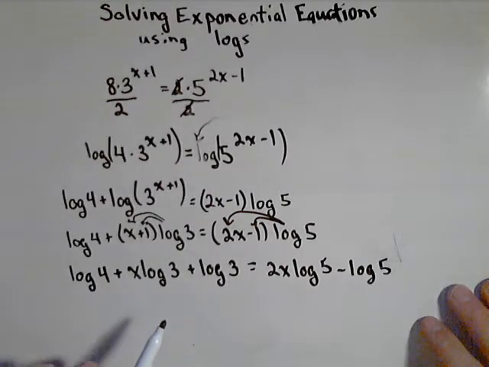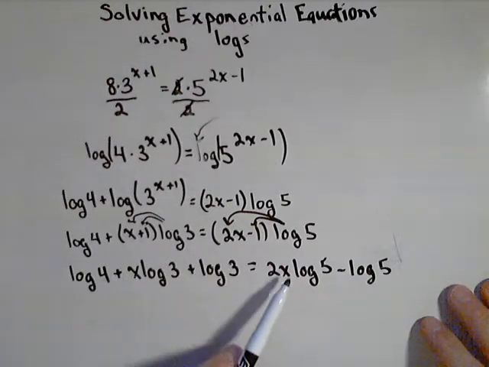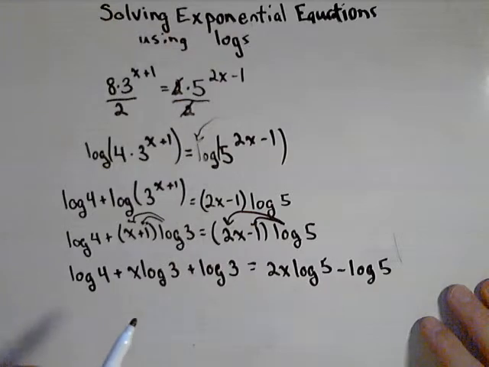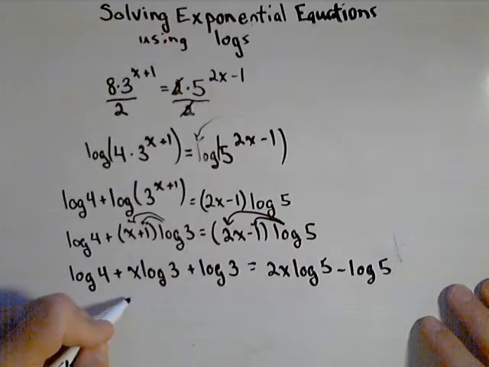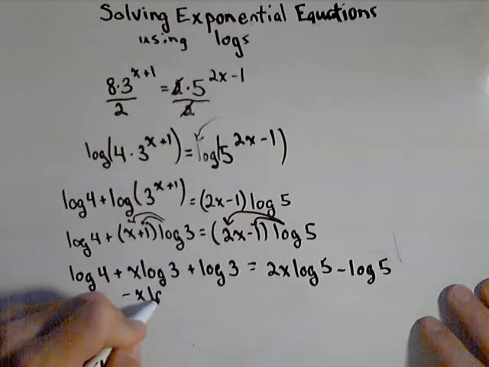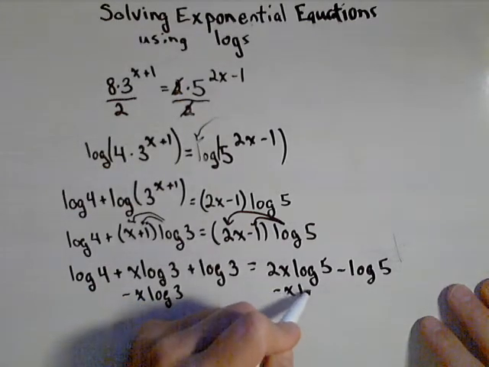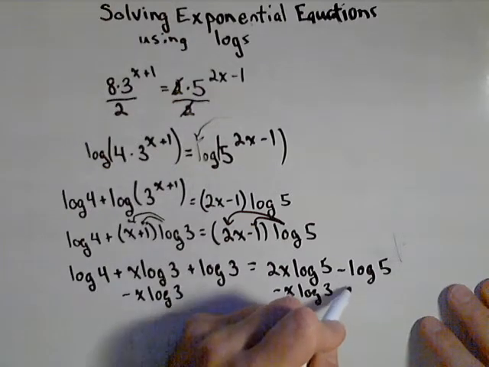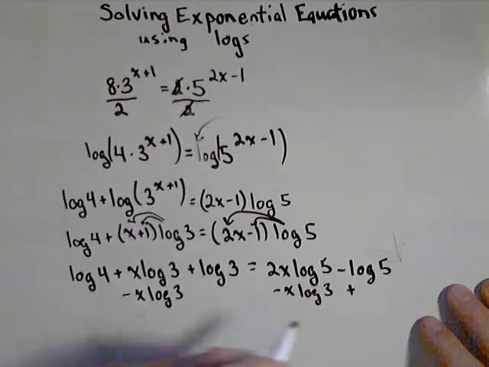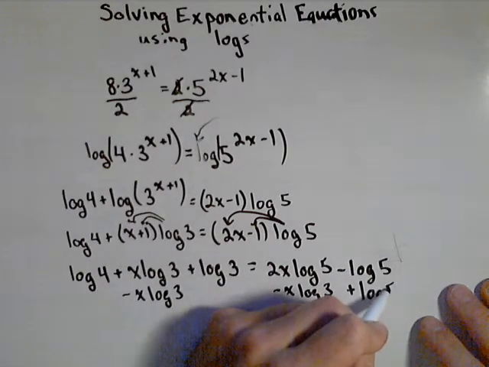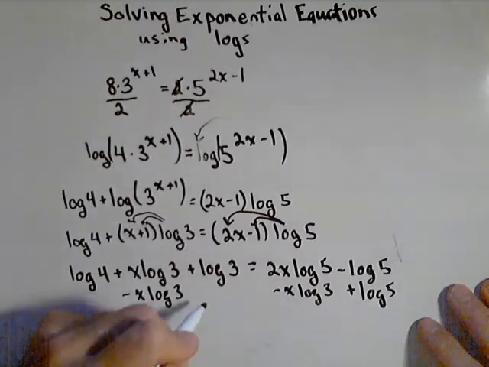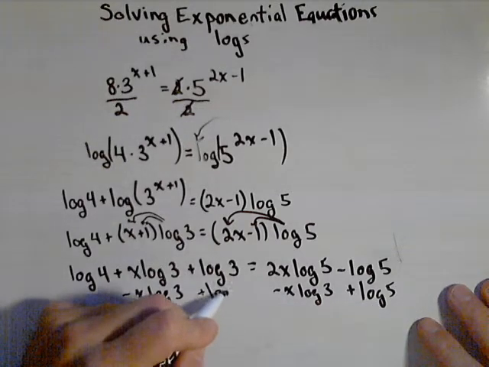So what I'm going to do next, notice I have two x's in here. I want to get all the terms with x in it on the same side, all the terms without x on the other side. So I'm going to take this term and move it over to that side by subtraction. So I'm going to subtract x log 3 off of both sides, so minus x log 3. And I'm going to move this to this side by adding log 5 to both sides. We are getting really close to being done here.